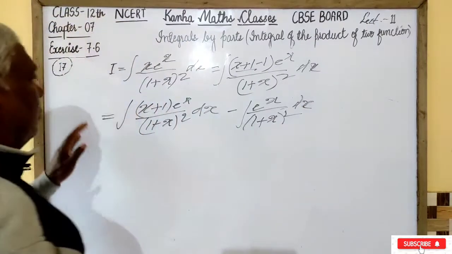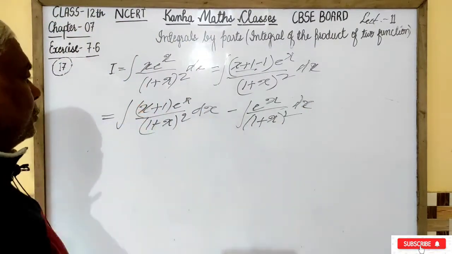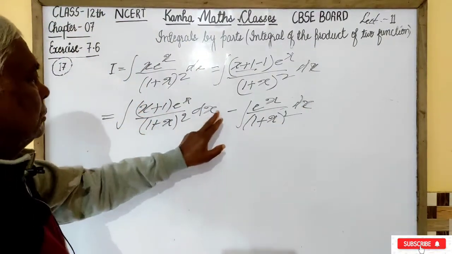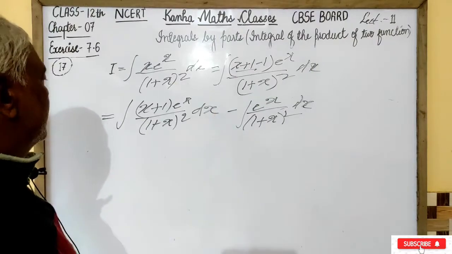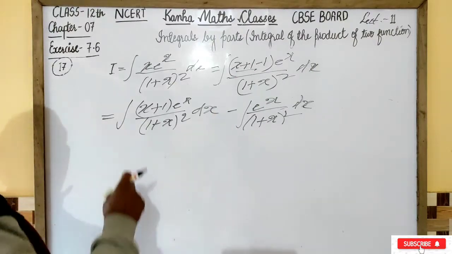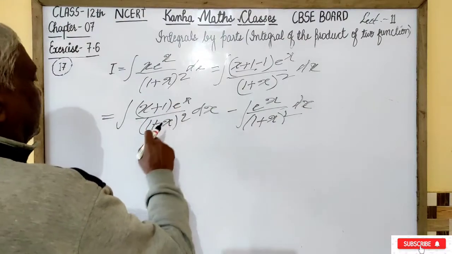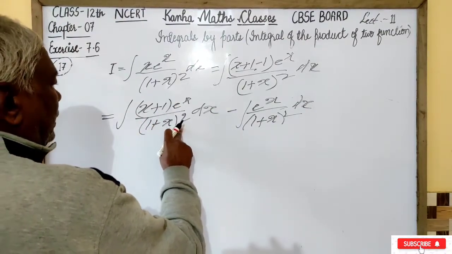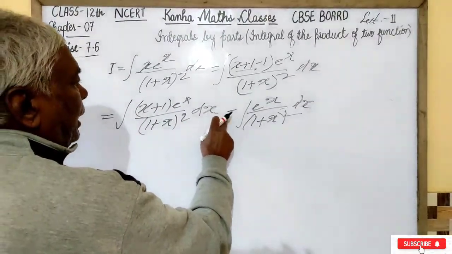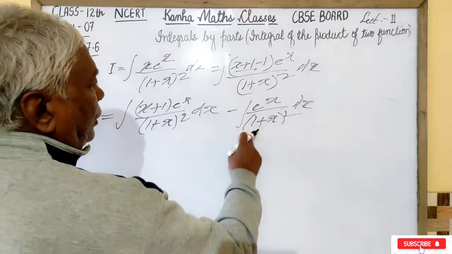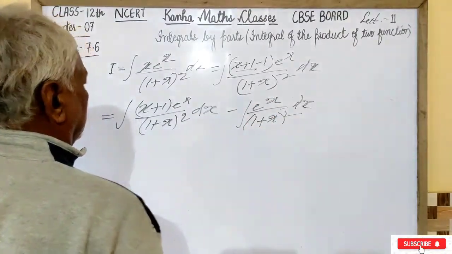Here we have bifurcated this integral into the difference of two integrals, that is integral (x plus 1) e^x upon (1 plus x) whole square dx minus e^x upon (1 plus x) whole square dx.